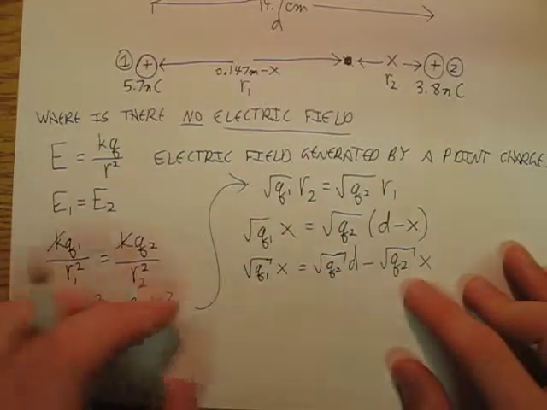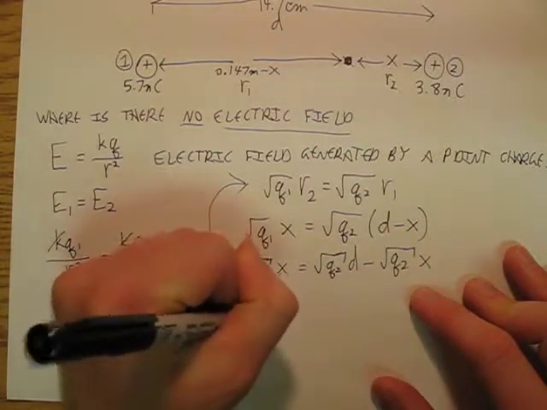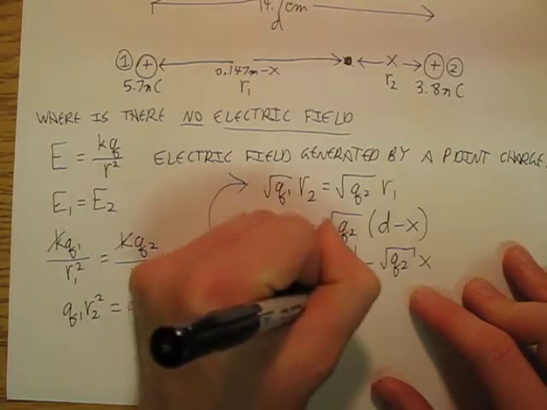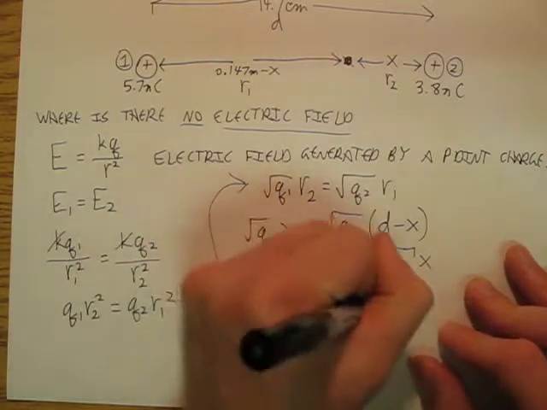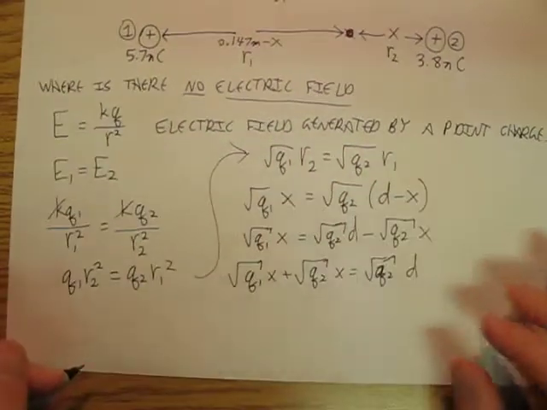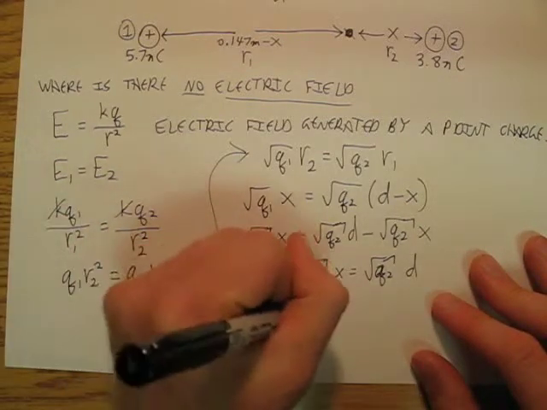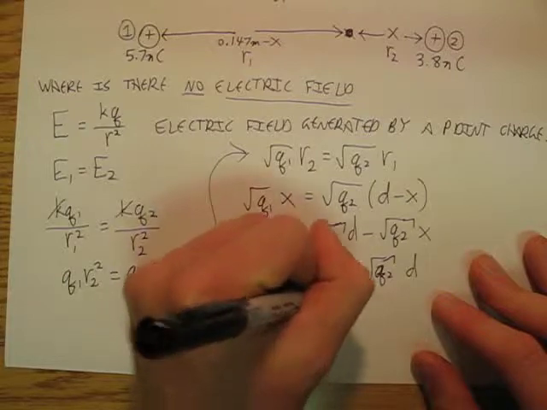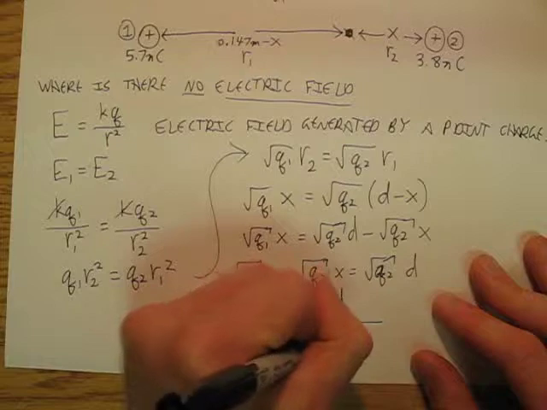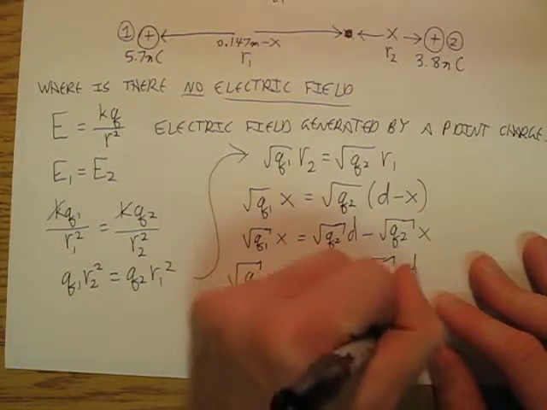I'm going to move this over, so I get square root of q1 x plus square root of q2 x is equal to square root of q2 D. And so finally x is equal to square root of q2 D divided by square root of q1 plus square root of q2.